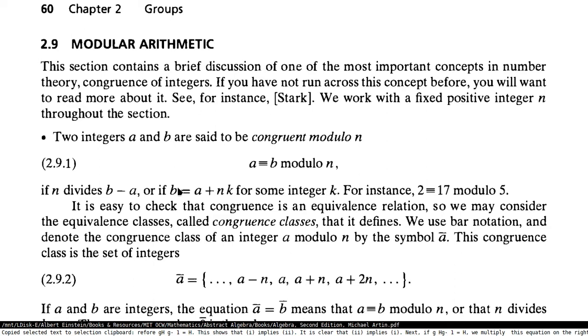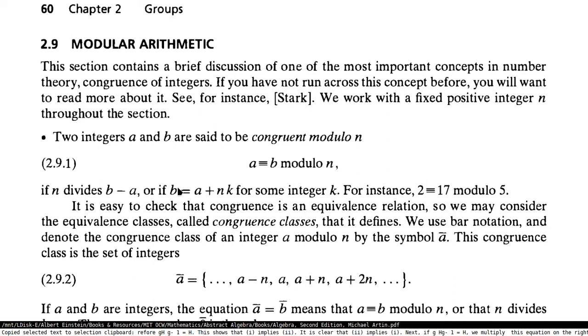You take two integers a and b, and they are said to be congruent modulo n if n divides the difference of the two integers. So if n divides b minus a, or if you can write b as a plus nk, so a plus some multiple of n. This is the very first thing that you learn in number theory.